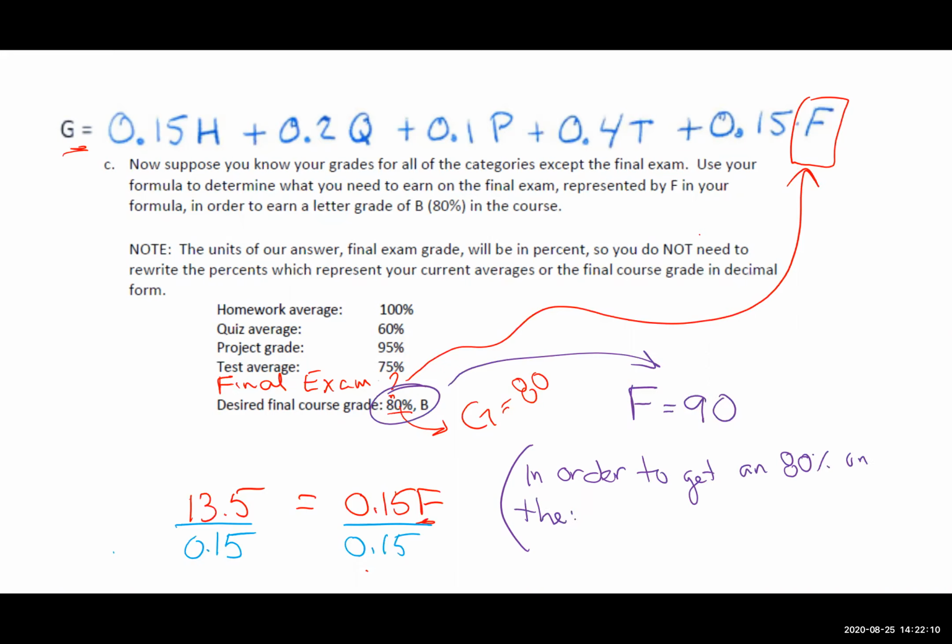That's dumb. We're grown-ups. We don't do that anymore. We don't do report cards. We're past that. In order to get an 80% grade, I need a 90% grade on the final exam.